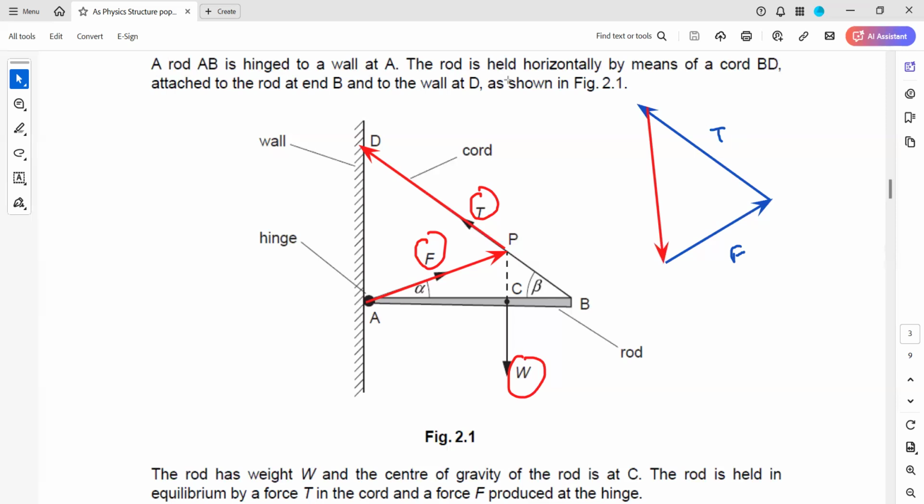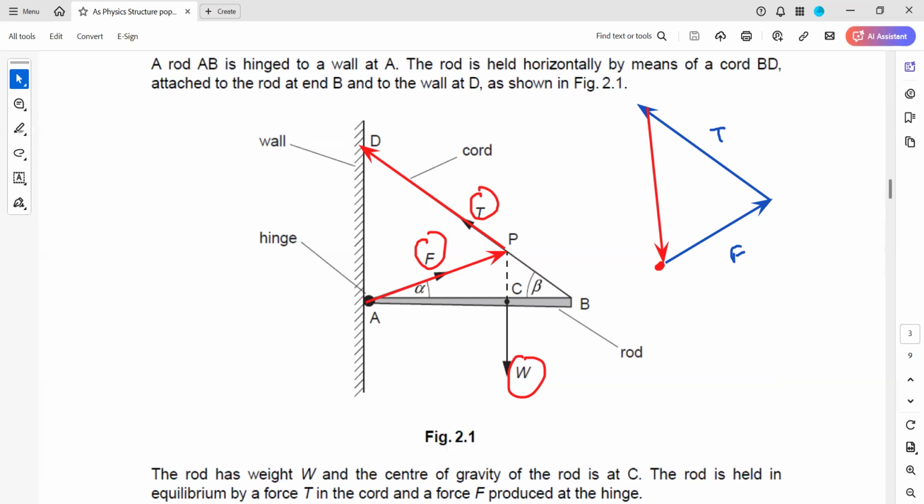So whenever an object is in equilibrium, number one, the triangle of forces, the resultant force, should be zero. So the first condition: when both F and T are passing through point P, the triangle which is formed, the resultant force, will be zero. That is one thing.